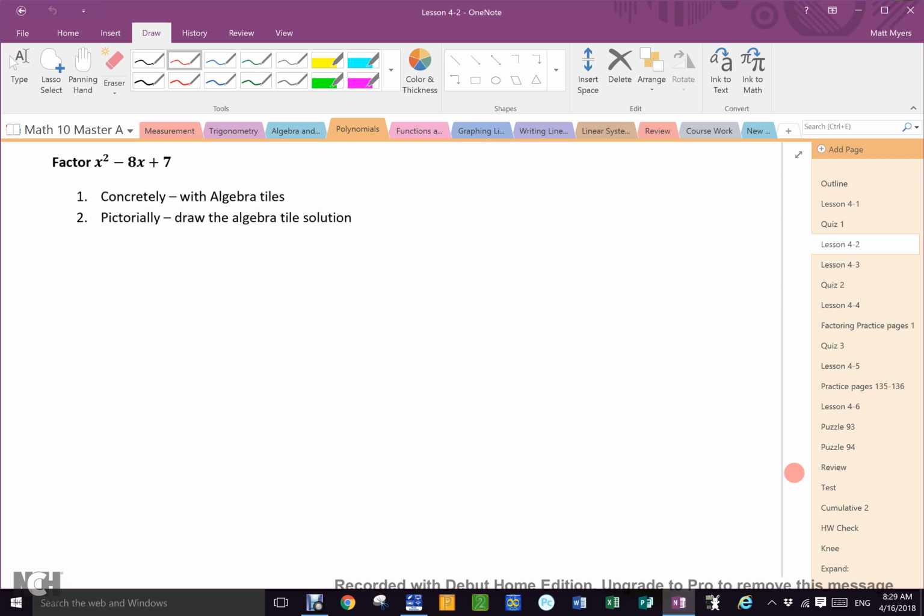So let's look at this one. Since it's a trinomial, and since it starts with an x squared, if we can factor it, it's going to eventually look like this. X plus or minus some number, right? And then x plus or minus some number, correct?